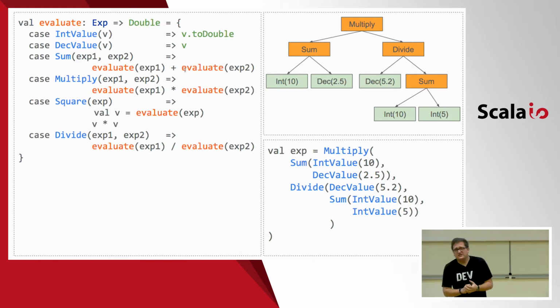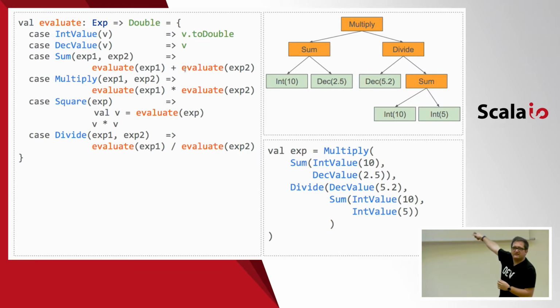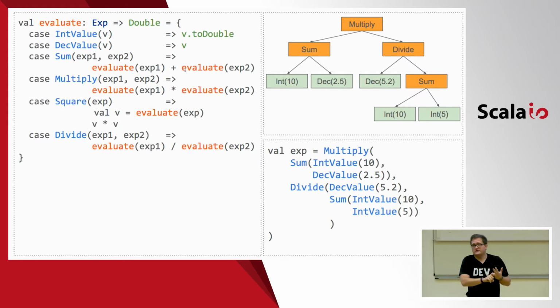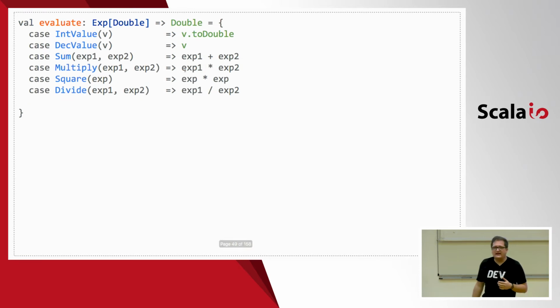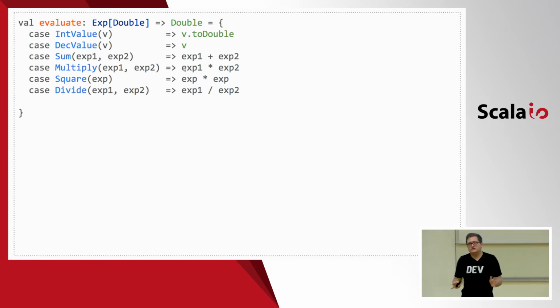Now, the question is, would it be nice if I had some machinery that would do that thing for me? This evaluate function, as I said, has 2 separate concerns: evaluating my expression and traversing the structure. Wouldn't it be nice if I just had a function that only deals with, what does it mean to multiply 2 doubles together?